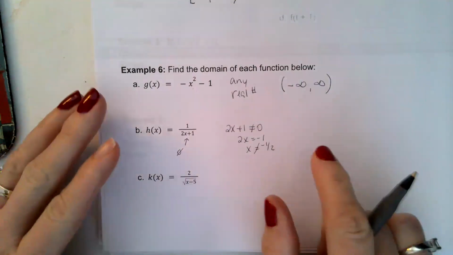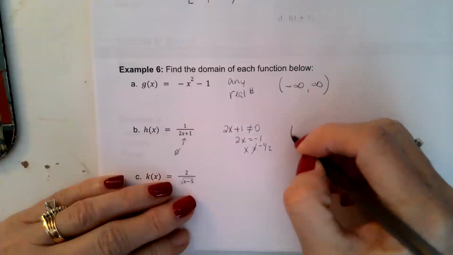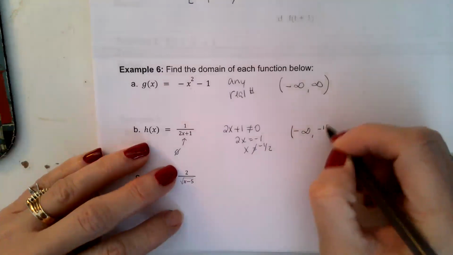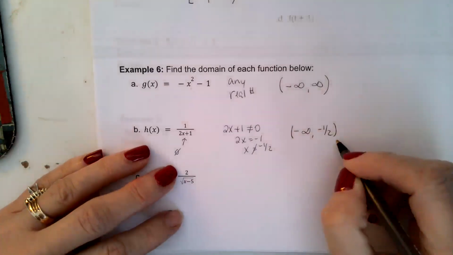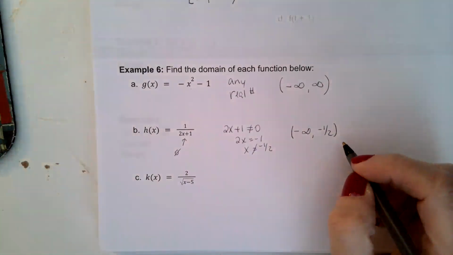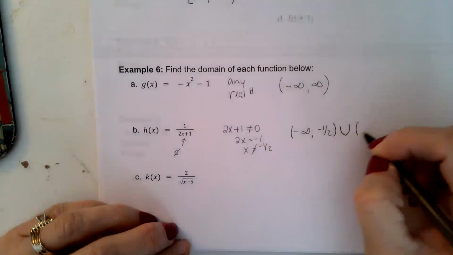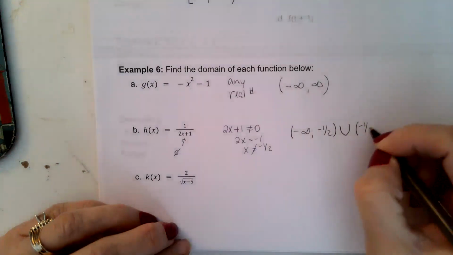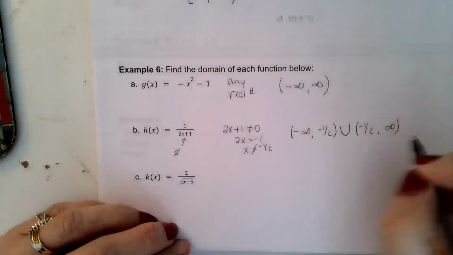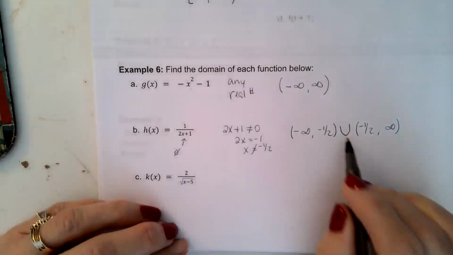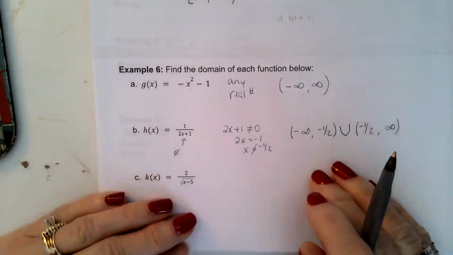It can be anything else. So that means my interval is going to be a negative infinity up to a negative 1/2 with an open parentheses, because it can't actually equal that. And I'm going to union that starting at another negative 1/2 up to a positive infinity. This just tells the reader that actually equaling a negative 1/2 is the only limitation that we have.